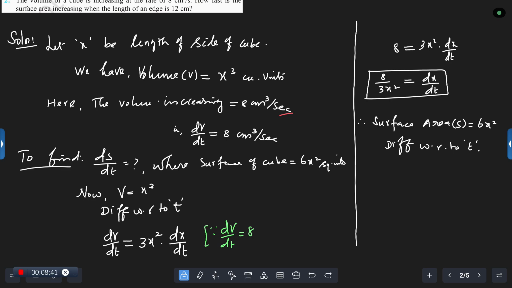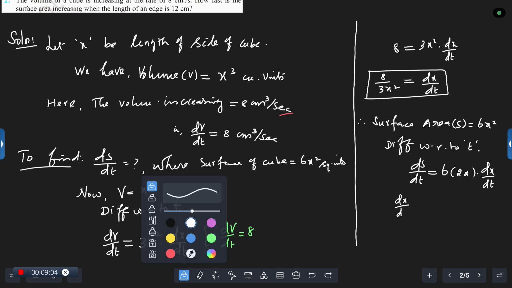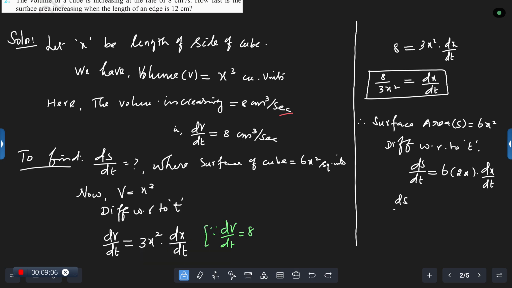Now dS by dt equals 6 into 2x into dx by dt, which is 12x into dx by dt.